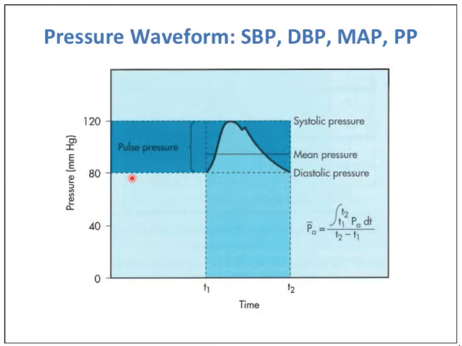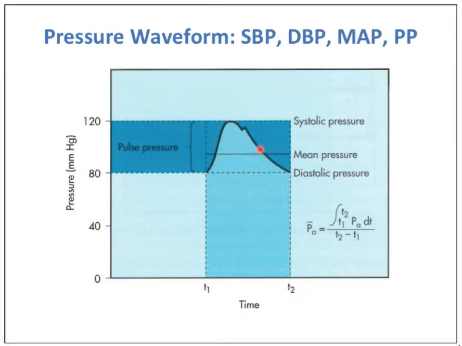It flows continuously. And then when the heart contracts, it creates a higher pressure, up to 120 if you're normal, during systolic contraction. This is usually measured in a brachial artery, which is fairly close to the source of the pressure.